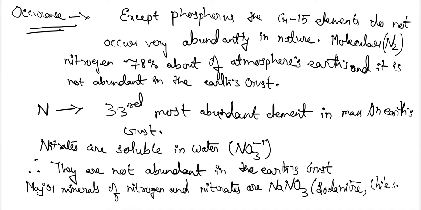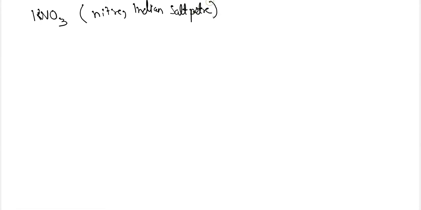This is one of the major minerals of nitrate. Next, potassium nitrate, KNO3. It is termed as Indian saltpetre. The major deposit of saltpetre occurs in India. KNO3 is majorly found in India only.